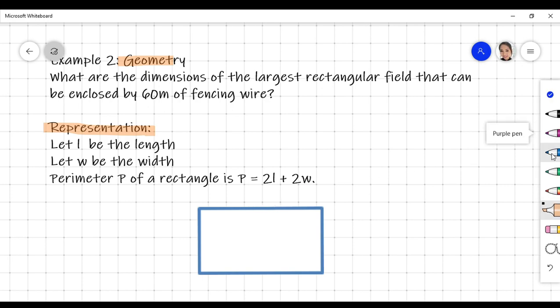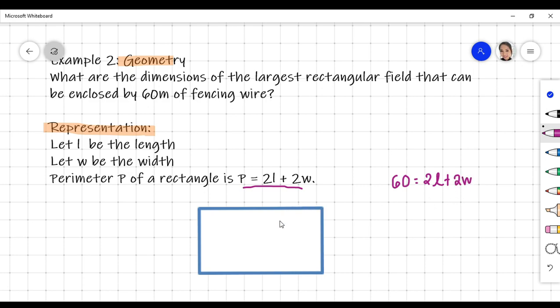Now, we are asked to find the dimensions. So we will use our knowledge that the perimeter of our rectangular field is 60 meters. So 60 is equal to 2L plus 2W.